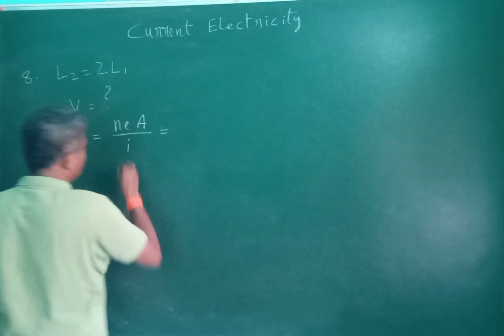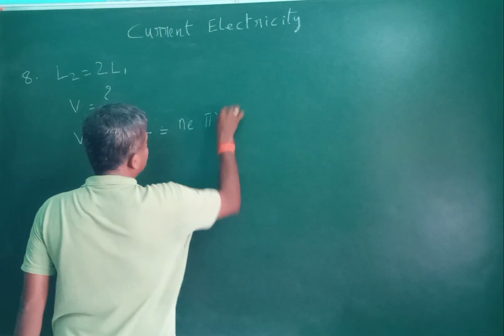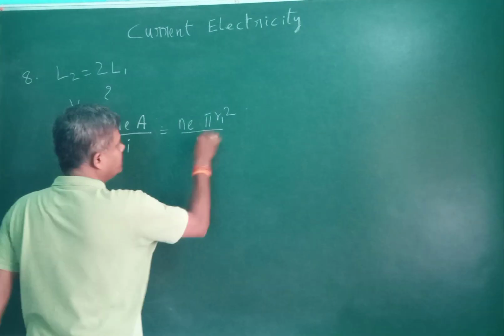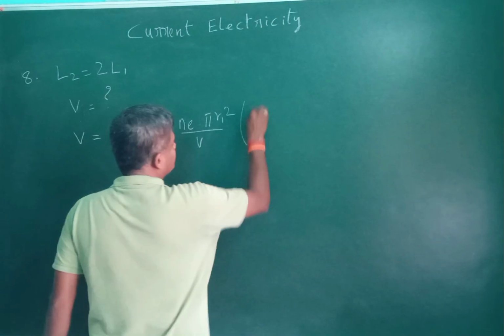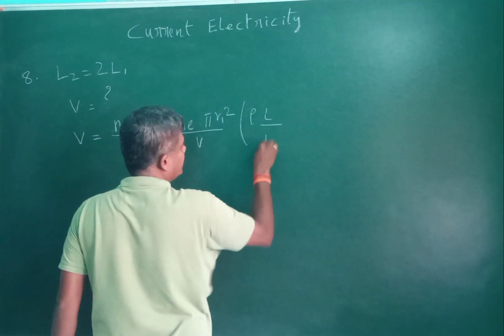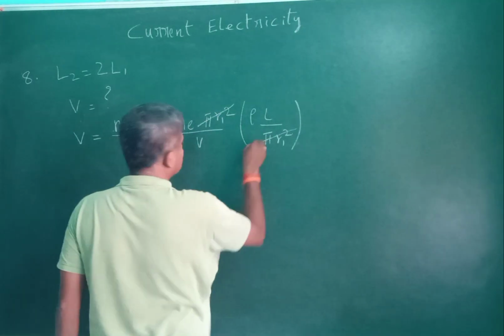That is written with A as pi r1 square and I as V by R, and R is written as rho L by A, where A is pi r1 square. Pi r1 square gets cancelled here.